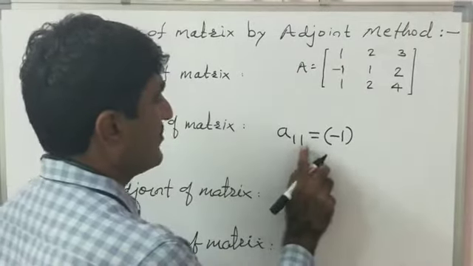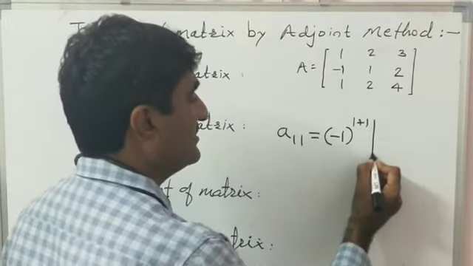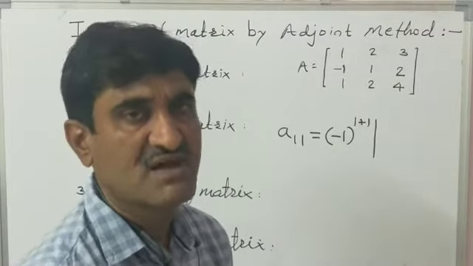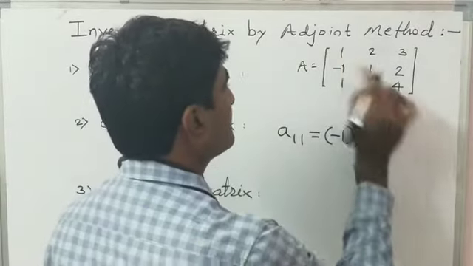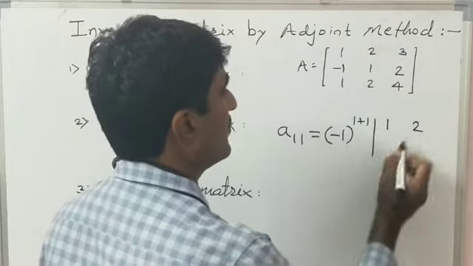Here 1 1 means 1 plus 1, and the minor we already learned: 1 2, 2 4.